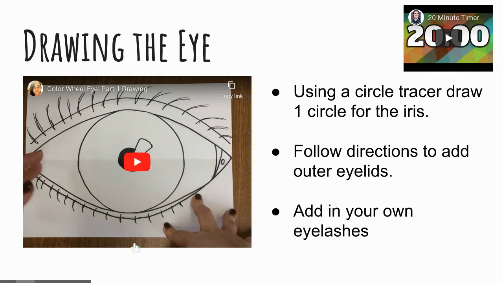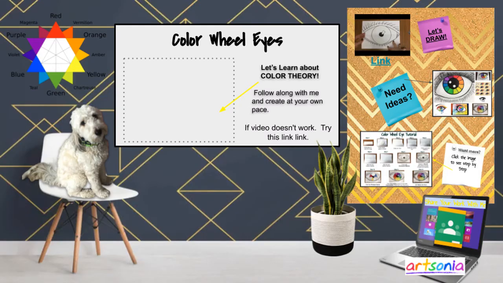So let's get started. Now that we've finished our introductory of what color wheel eyes are and learning about color theory, I wanted you to take a look at our Google Classroom here, or our virtual classroom here. What you're going to notice is on the right side, you'll see the YouTube video.